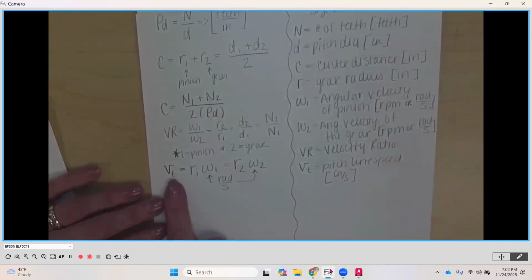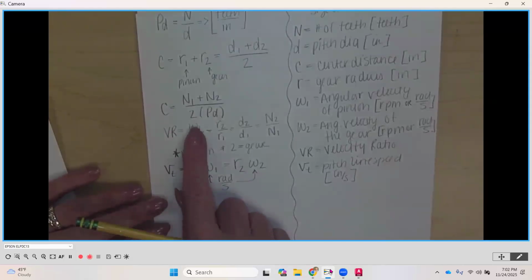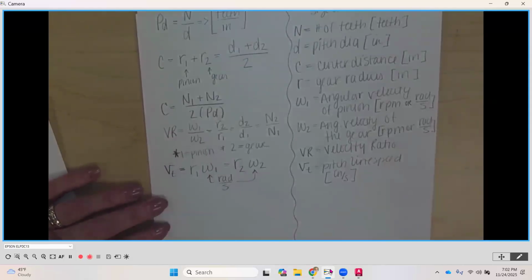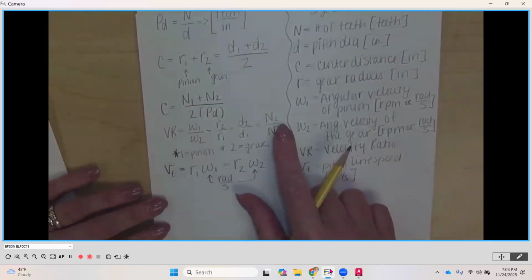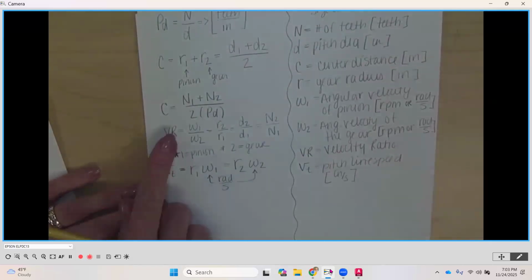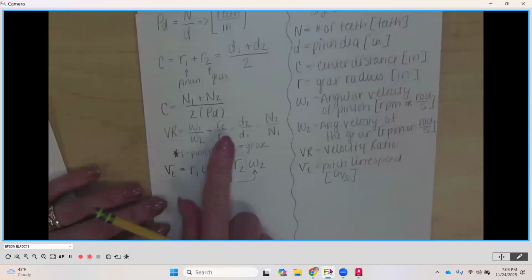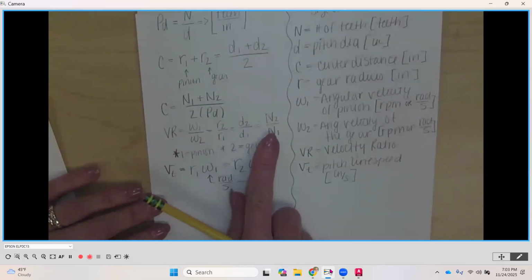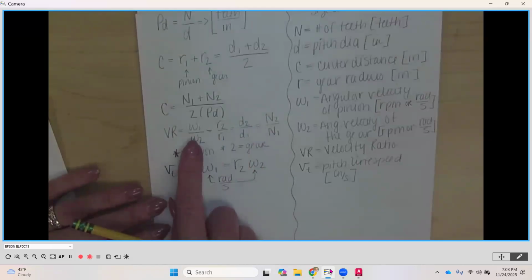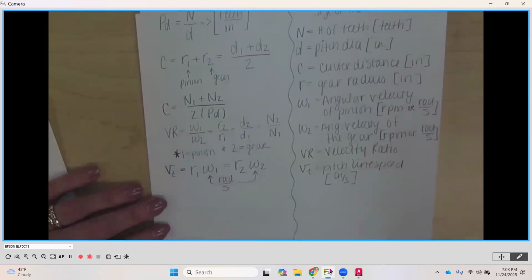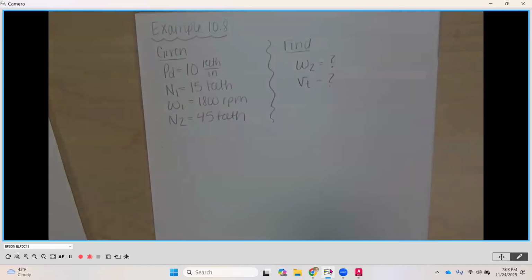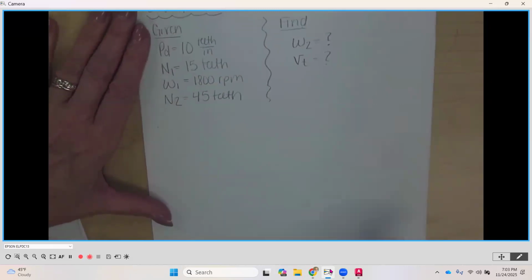But up here we have W2, W1, and the number of teeth, so we can set W1 over W2 equal to N2 over N1, and W2 will be our only unknown. So let's use that relationship to find W2.